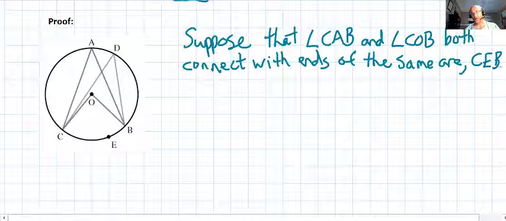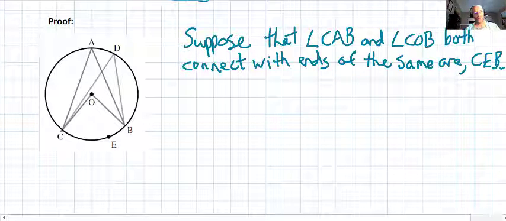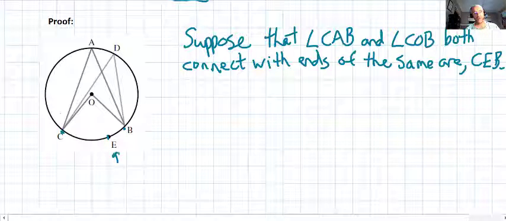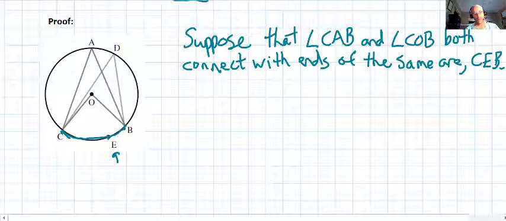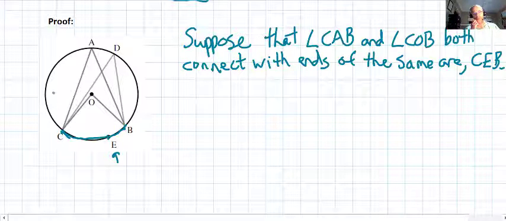Okay, let's have a look at that. So there's CEB. Now the point E there is so you don't go around and use the other complementary part of the circle. Okay, so CEB is the arc.